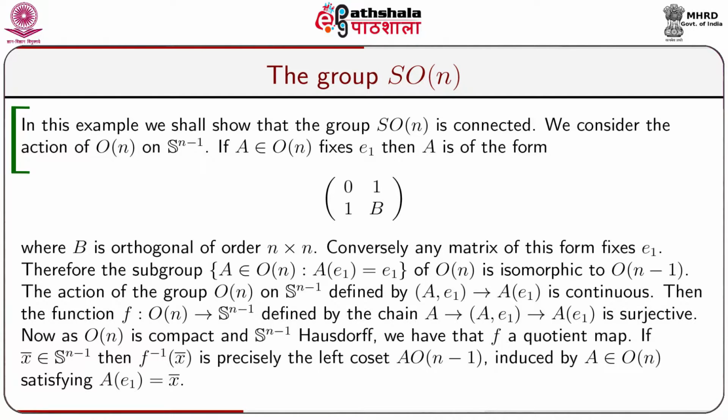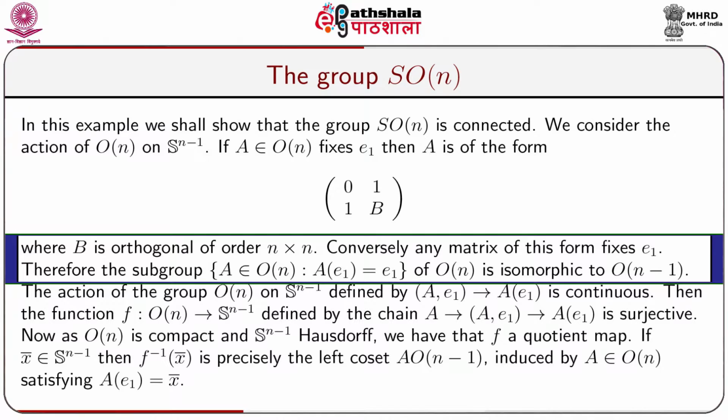Note that if A belongs to O(n) and if A of e1 is equal to e1, then A has the form 1, 0, 0, B, where B is an orthogonal matrix.